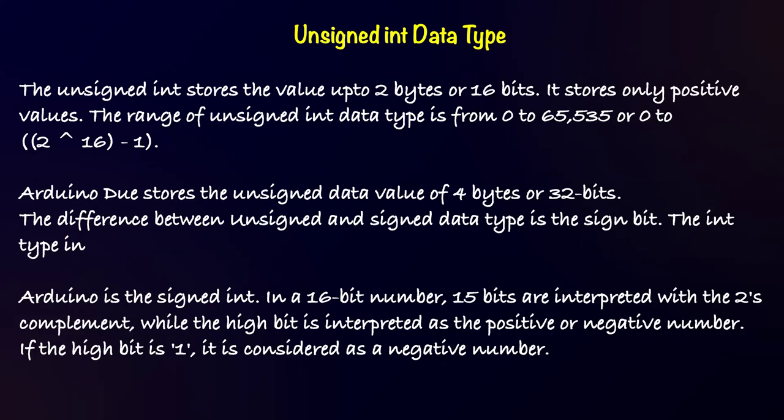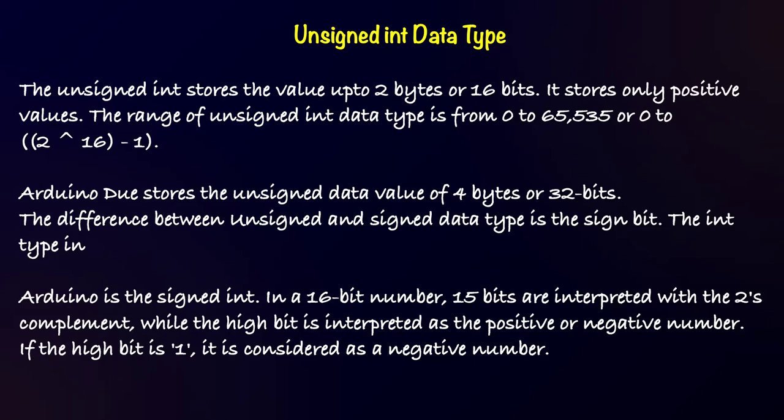The range of the unsigned int data type is from 0 to 65,535, or 0 to 2 to the power 16 minus 1. This is the range. We're not using it in the code, nothing to do with that. Just for your knowledge.